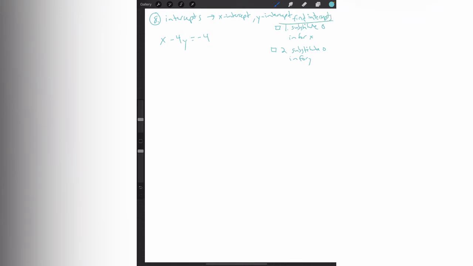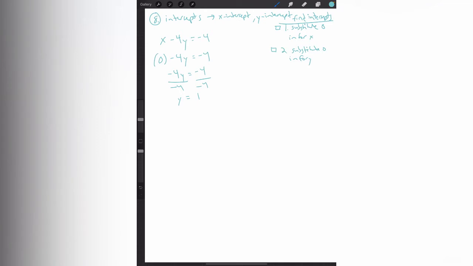I like lists. My first step, substitute 0 in for x. So that's easy. I'll substitute in 0 minus 4y is equal to negative 4. 0 minus 4y gives me negative 4y is equal to negative 4. Divide each side by negative 4, and I get y is equal to 1.